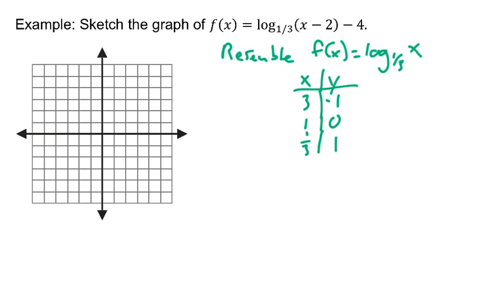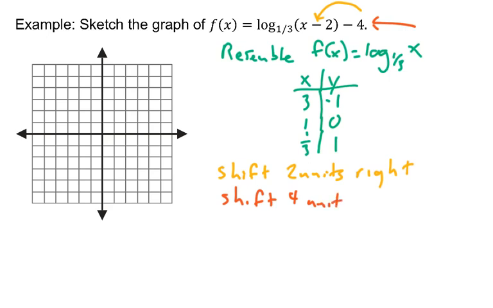Now, we also are going to pay attention to our transformation. The x minus 2, the -2 inside the parentheses, inside the function, is going to create a shift of 2 units to the right. And the -4 at the end, outside the function, is going to shift the graph 4 units down.